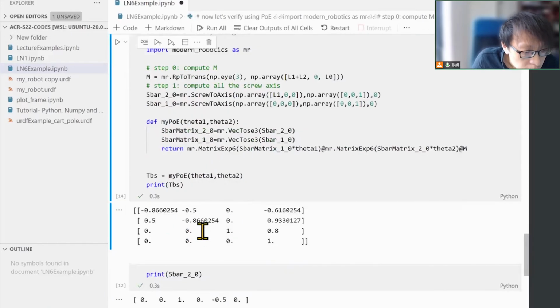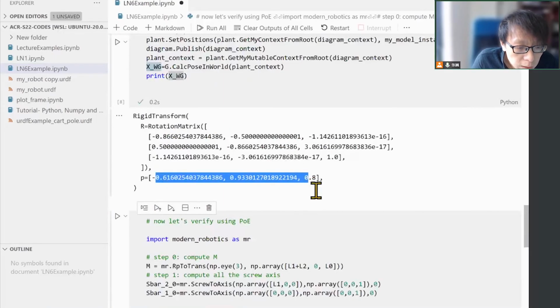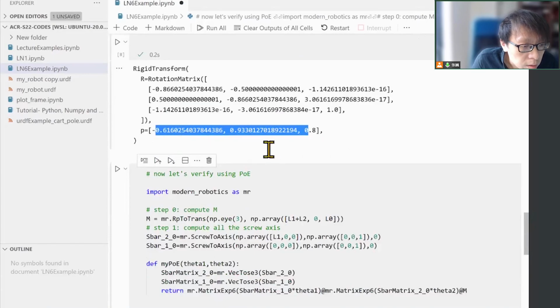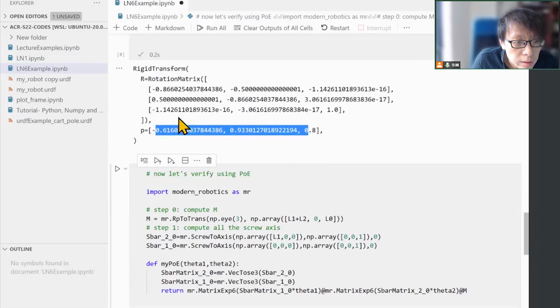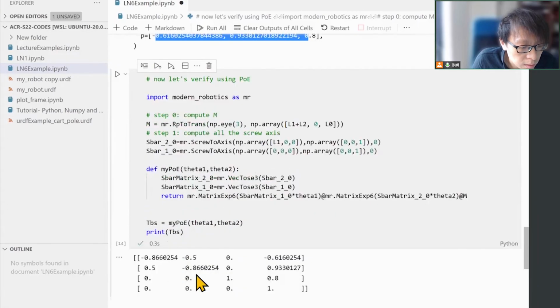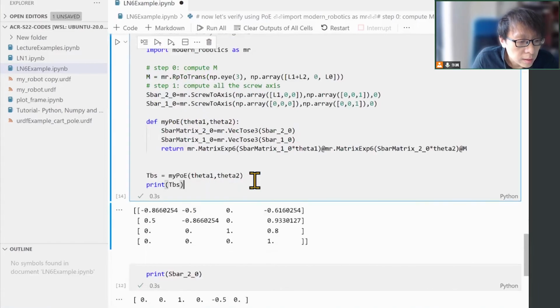Hold on, is this correct? This is the displacement vector, negative 0.6, negative 0.6, 0.93, 0.8, and this rotation matrix is negative 0.6. I think this should be correct. That's exactly the same.